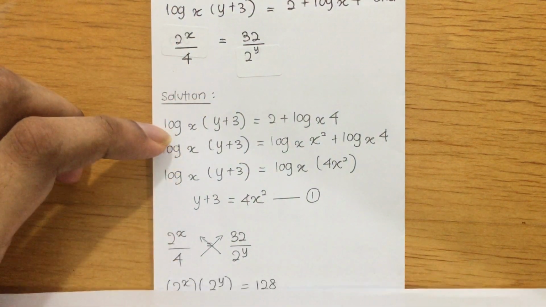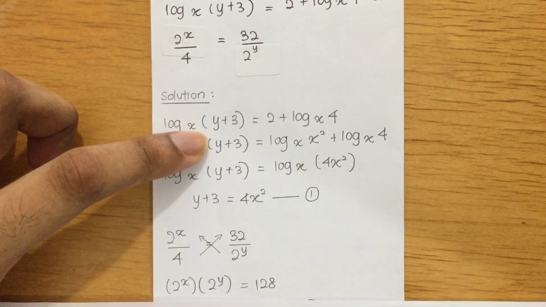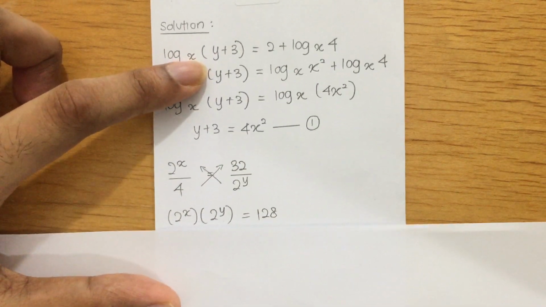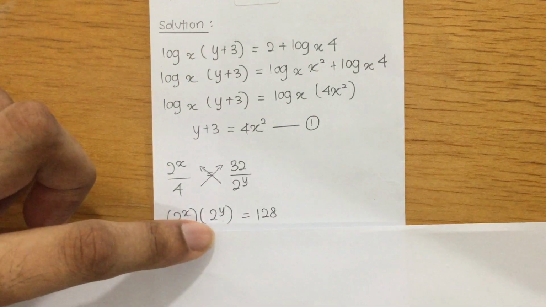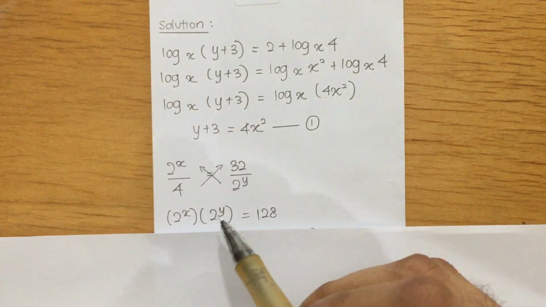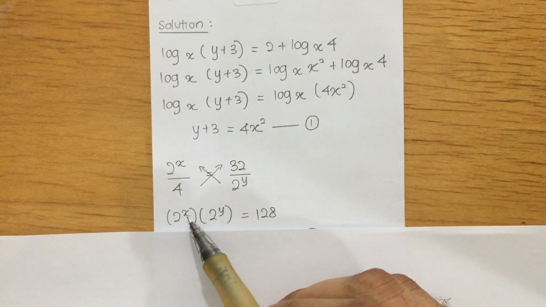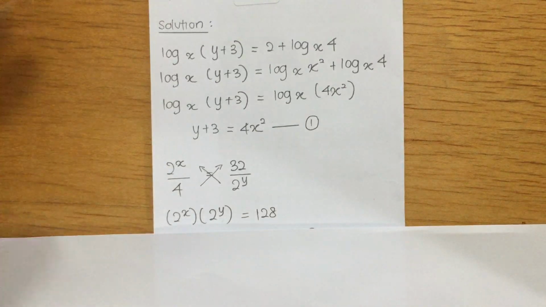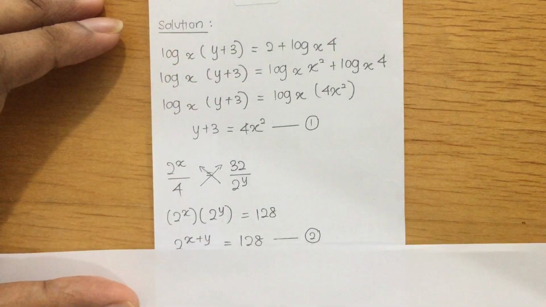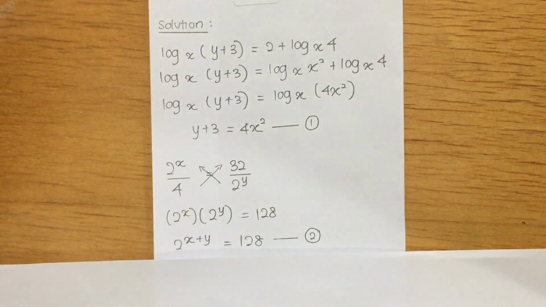So here it will become 2 to the power of x times 2 to the power of y equals 128. According to the indices law, when you have the same base and it involves multiplication, you can just add the powers. So from here you get 2 to the power of x plus y equals 128, guys. This will be your second equation, 2 to the power of x plus y equals 128.